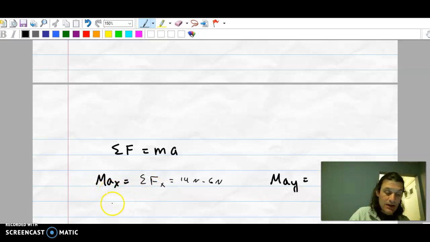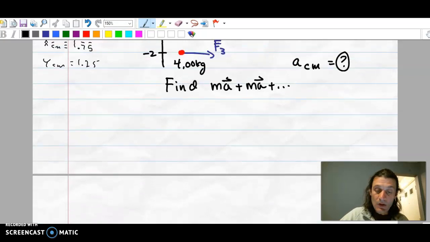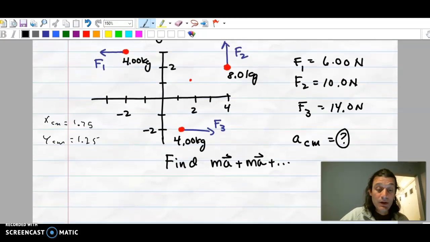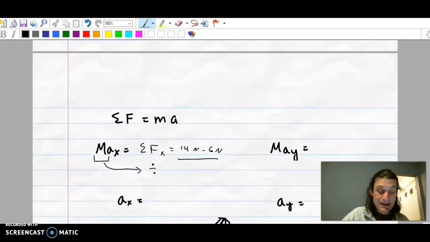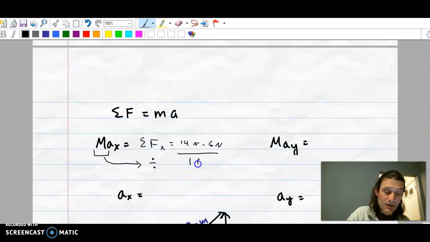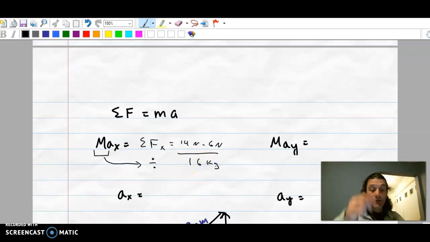So to get the acceleration in the x, I'm going to divide by the mass whole, the mass of this whole system: 4, 8, and another 4, so I'm going to call that 16. So there's 16 kg. So 14 minus 6 is 8, divided by 16.